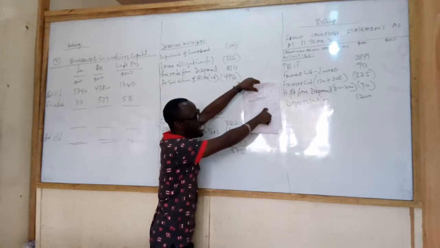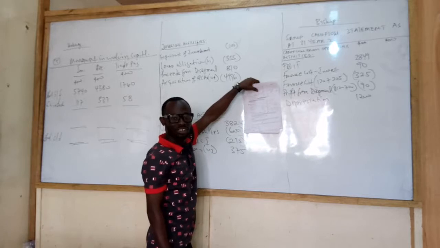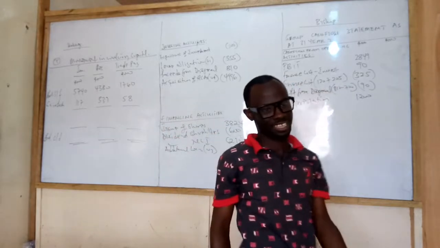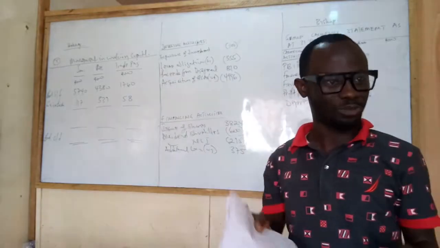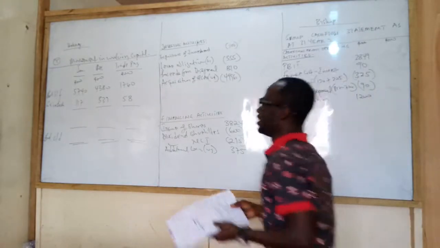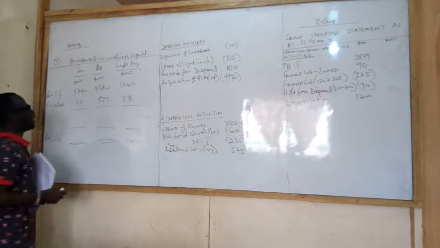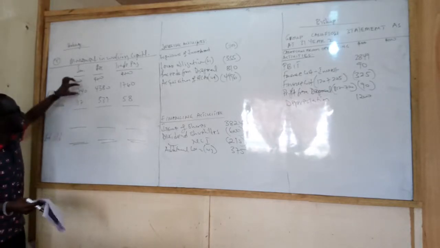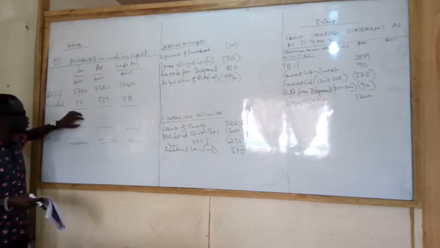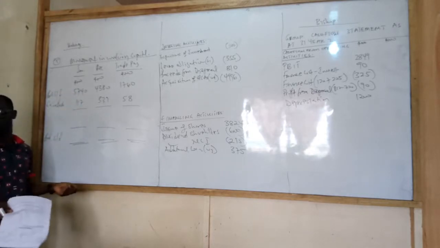Otherwise, you wouldn't have had the 875. You get the idea? Understand it. It's payable, so it has to be subtracted. The way you did it, this is not how I do it. Okay, you can go any way you want to go. You added this to this, isn't it? Yeah. And you subtracted this from this. That's the same thing I'm doing.